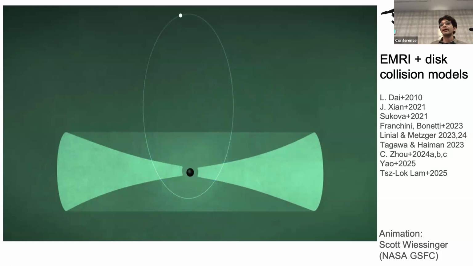the leading class, or at least the most popular class of models for these objects, is that they may be powered by extreme mass ratio inspirals, or EMRIs. This is when you have a binary system consisting of a supermassive black hole and a much lower mass companion, so something like a star or a stellar mass black hole.